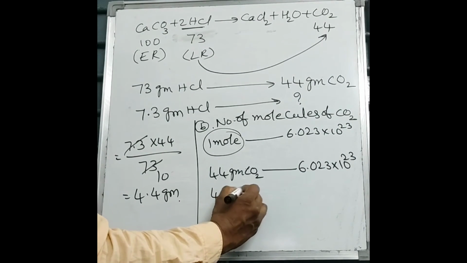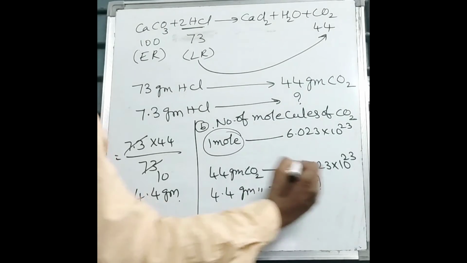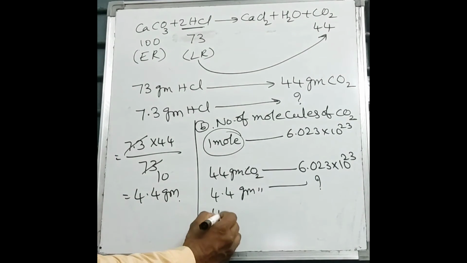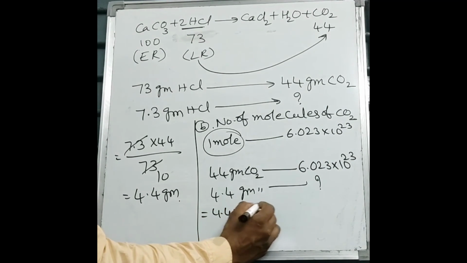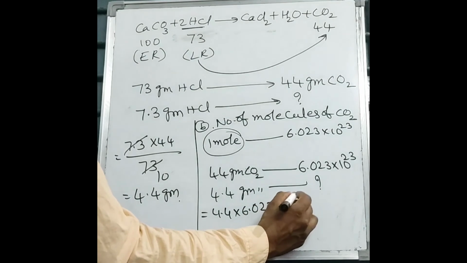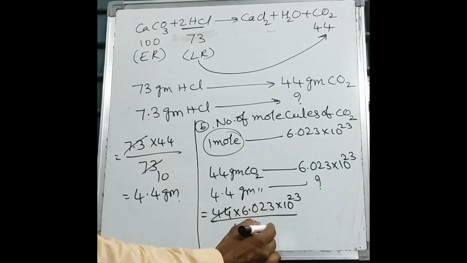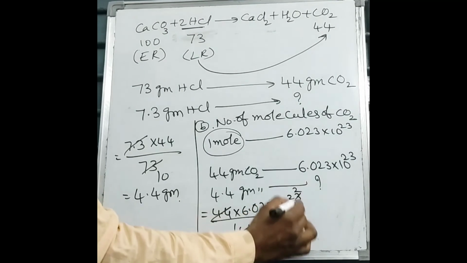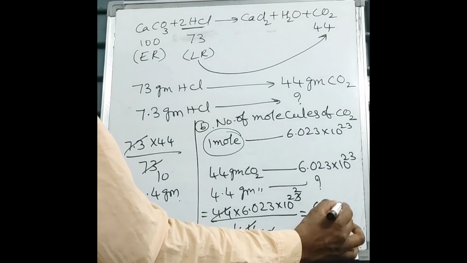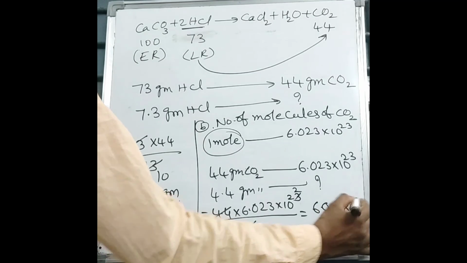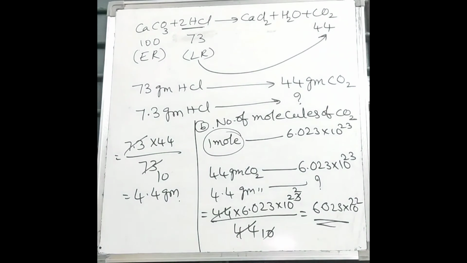Then 4.4 grams of CO2 contains how many molecules? 4.4 into that value divided by 44. Simply 6.023 into 10 power 22 molecules of carbon dioxide is present.